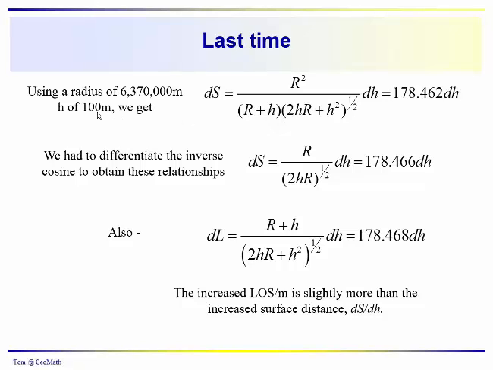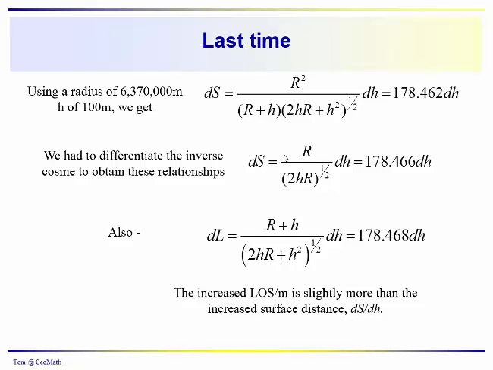In this case, we used 100 meters. And at 100 meters, we found that the change in the distance out along the surface for a 1 meter change in elevation, assuming that you're standing on a hill that's about 100 meters high, would be about 178.462 meters, times 1 meter.